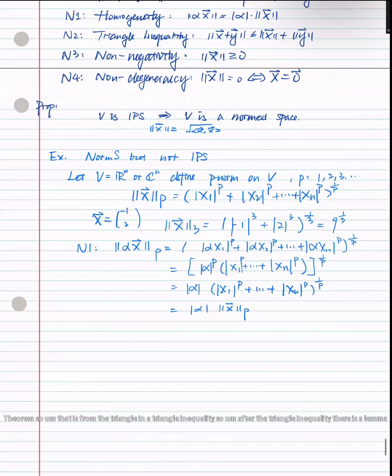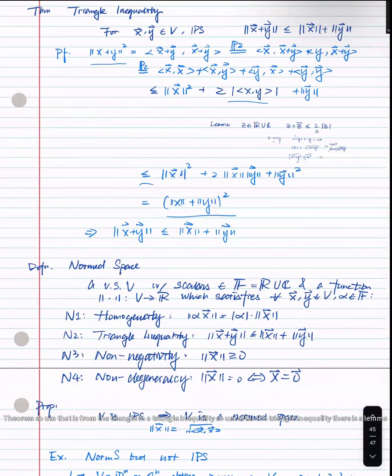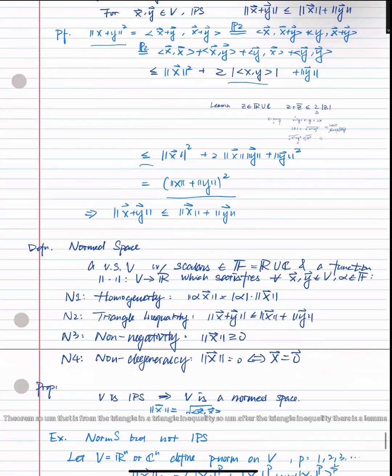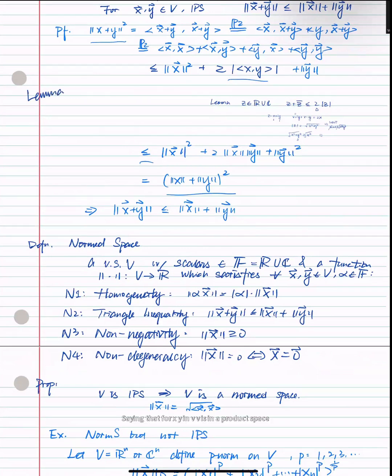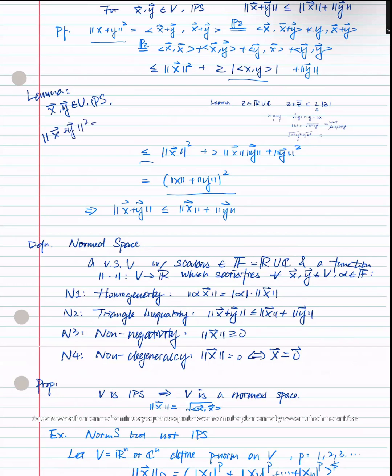That comes after the triangle inequality, as a lemma saying that for x, y in V, an inner product space, we would have the norm of x plus y squared plus the norm of x minus y squared equals the norm of x plus the norm of y, squared. No square inside.